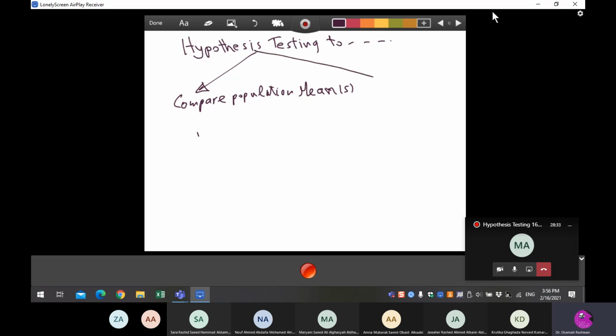The same thing, to compare the population variance. When I'm saying variance, it means the standard deviation squared. Population variance or standard deviation, because it's the same technique, but you just take the square root.